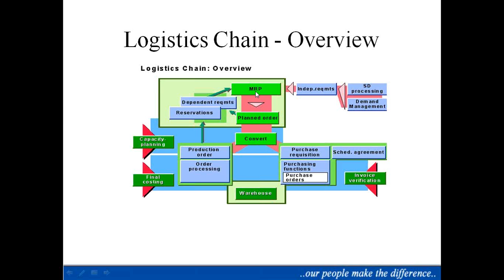For running the MRP, we need to have the independent requirements. We get the independent requirements from demand management, which we are talking about here, Chandra. Are you able to follow me, Chandra?